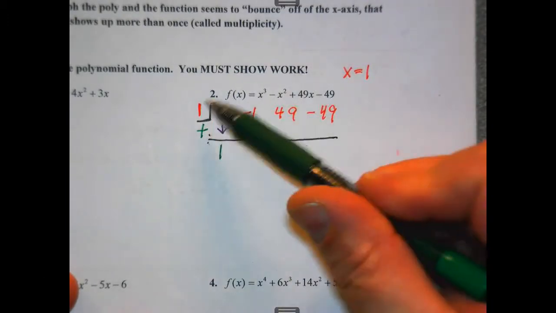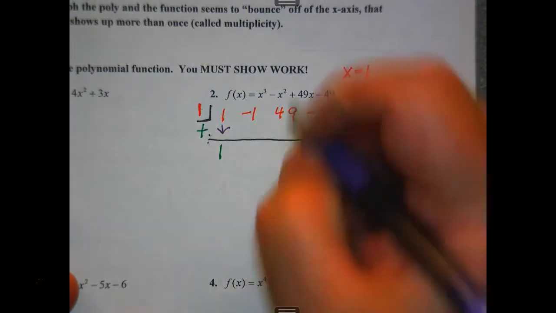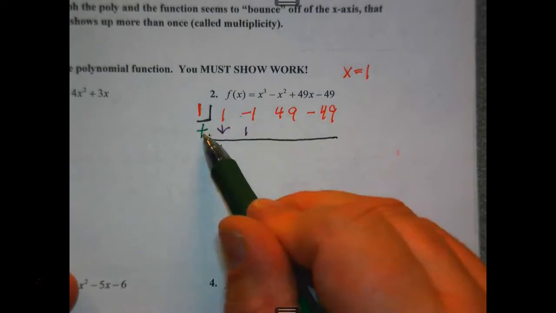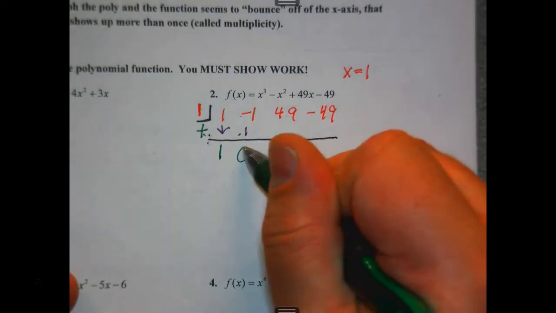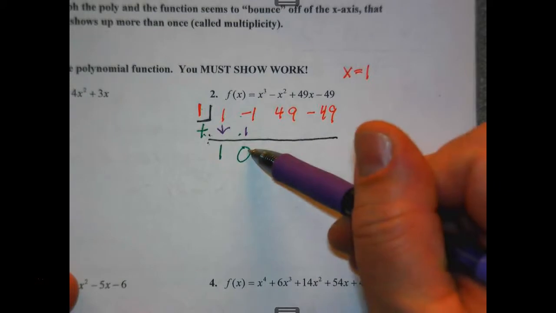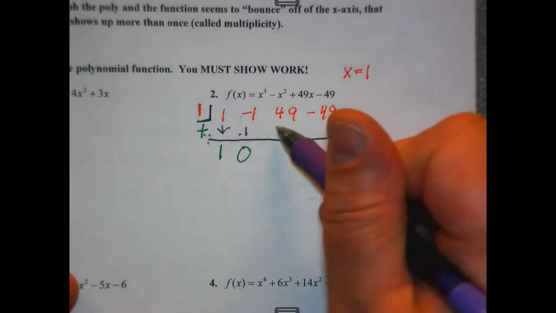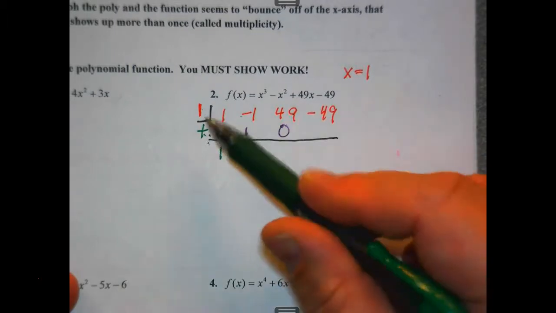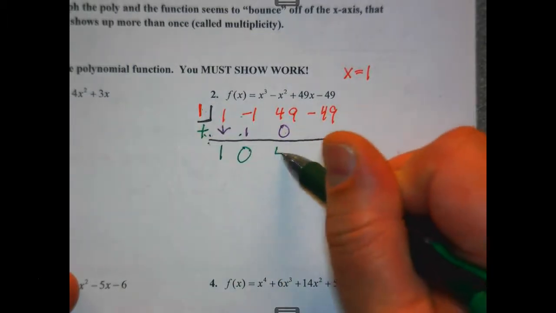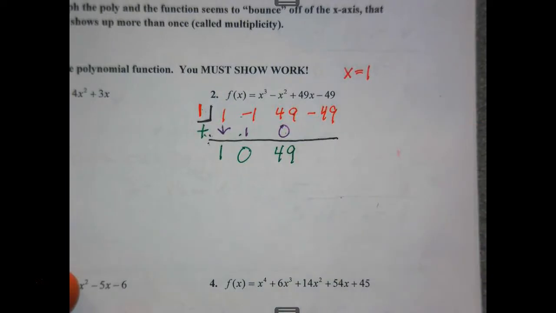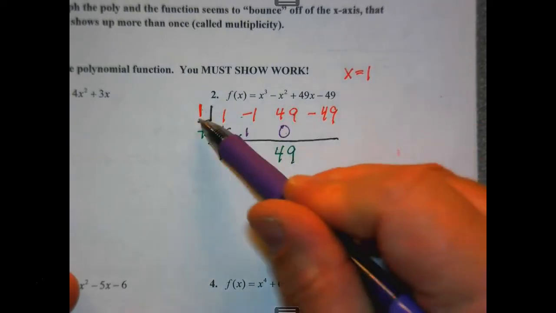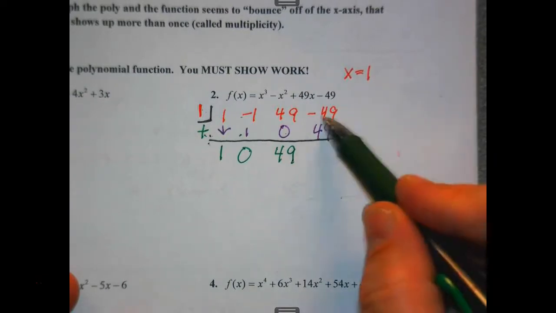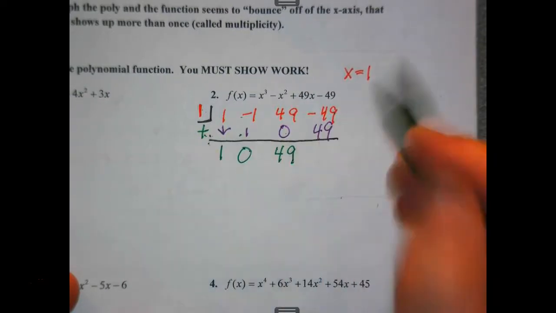Take 1 times 1, I get 1. Negative 1 plus 1, 0. 0 times 1 is 0. 49 plus 0, 49. 49 times 1 is 49. Negative 49 plus 49 is 0.